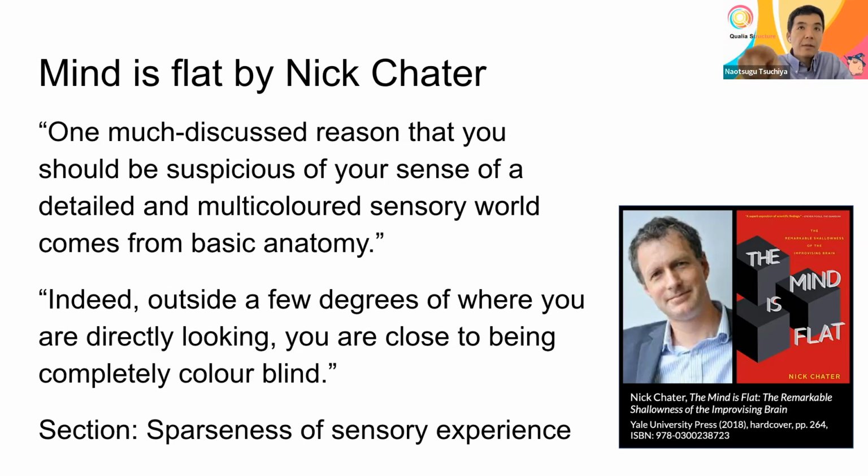But outside of that, you are close to being completely colorblind. This is something you might see in the future if you read this type of book and other things, and it's relatively dominant in cognitive psychology and sensory psychology textbooks.